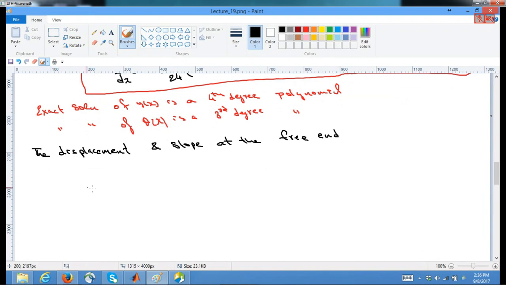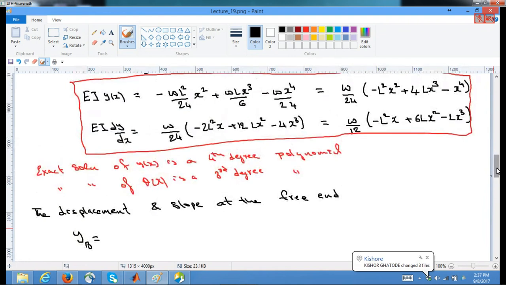So to find that, we will take y and evaluate at L. So y at B is obtained by 1 over EI times W by 24 L4 into minus 1 plus 4 minus 1. This equals W L4 by 8 EI.